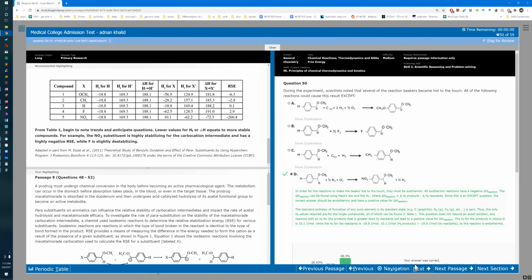Whatever. This one, what did I do here? Oh, if the reaction became hot, it means that it is exothermic. So I looked at this over here, and H is enthalpy, right? So heat energy. So all these are exothermic except for NO2. And it says except, so that's the one, the NO2 one.